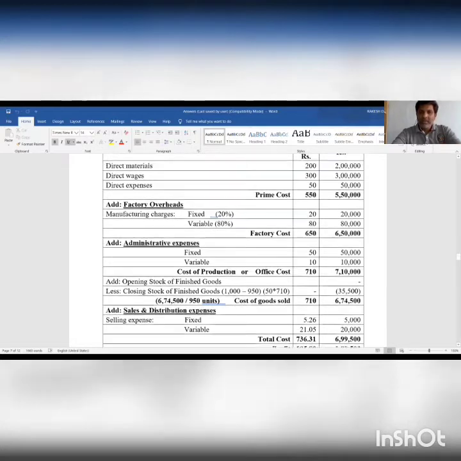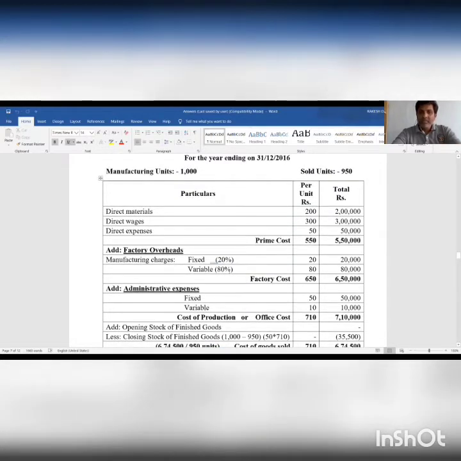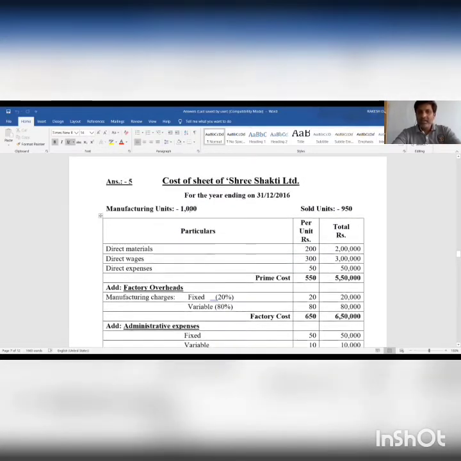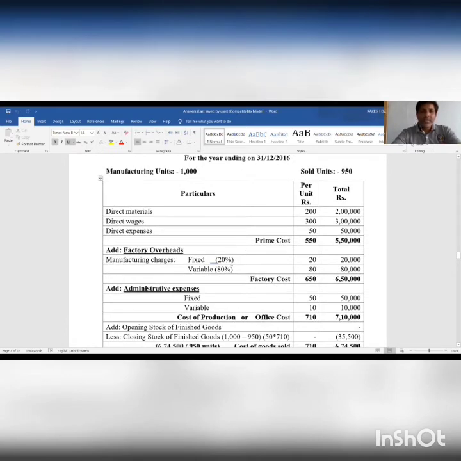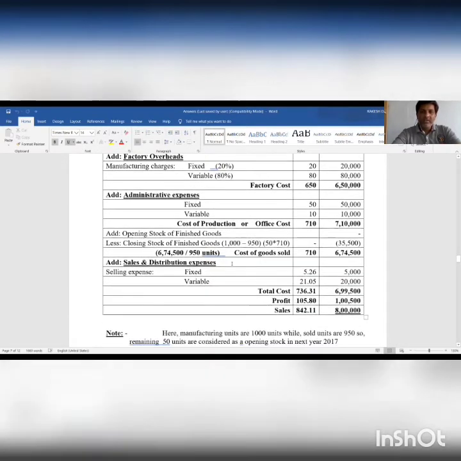But the data given in the first paragraph says the production units are 1,000 and the sales units are 950. It means it is indirectly given that 50 units remain in stock in the year 2016. As we calculate here, 1,000 units less 950 units, so we get 50 units in stock.